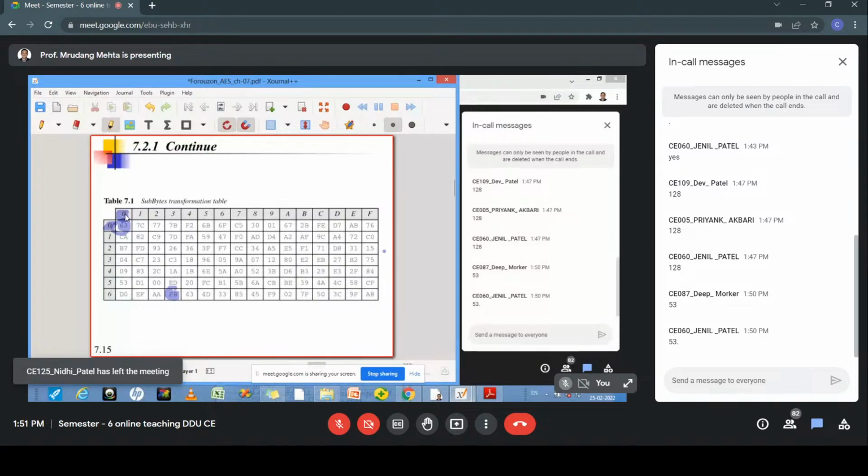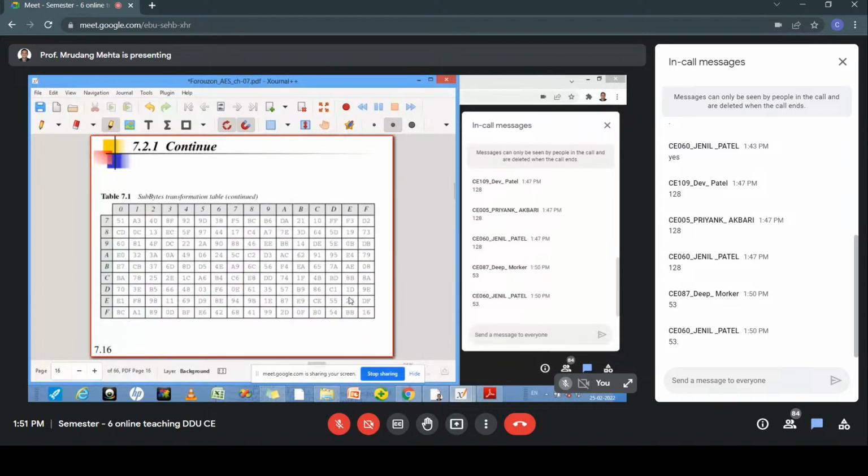So we have this type of table that is 16 cross 16. You can see the columns 0, 1, 2, 3, 4, 5, 6, 7, 8, 9, then A, B, C, D, E, F. So 0 to F, that is 16. Similarly for rows, and in the next slide we have 7 to F. So this substitution table is a 16 cross 16 table.